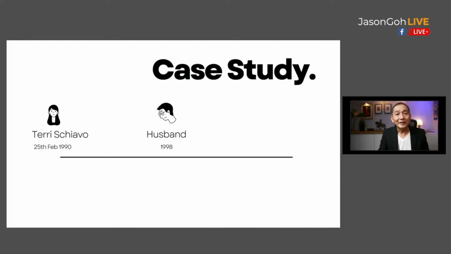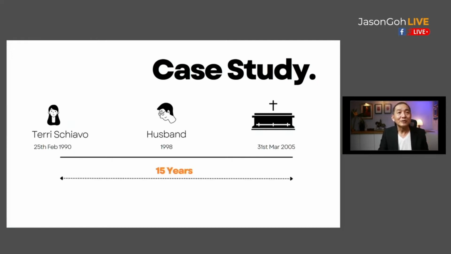In 1998, her husband petitioned the court to remove her feeding tube, but her parents opposed it. The court determined that she would not have wished to continue life with prolonging measures, but it was only 7 years later, on 31st March 2005, that the feeding tube was removed. So it took 15 years, from 1990 to 2005, after she suffered her first cardiac arrest.